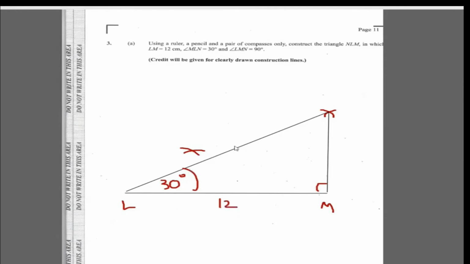When you do all your sketching and swinging of arcs, that's what needs to happen. This is how your diagram should look, just a schematic of what you should have.